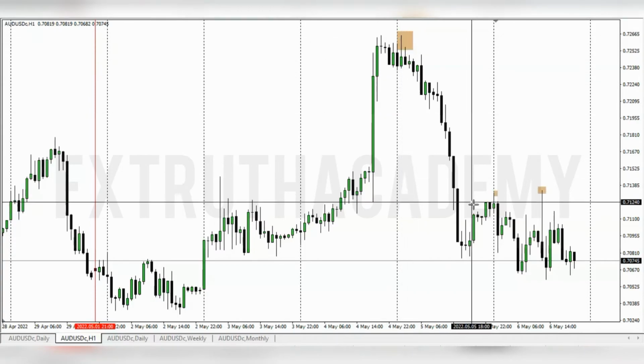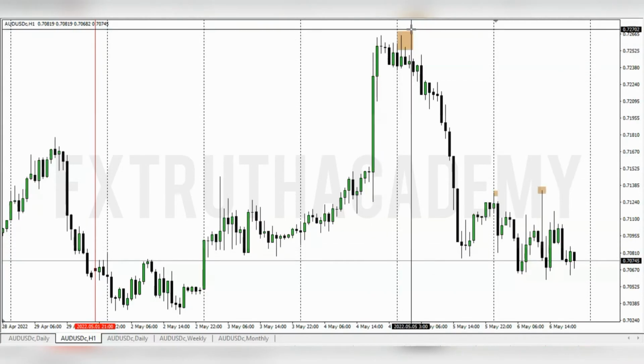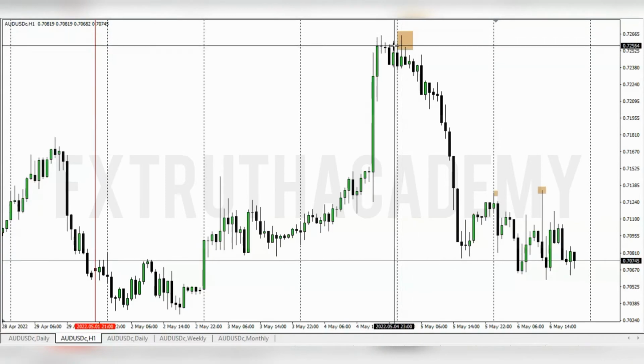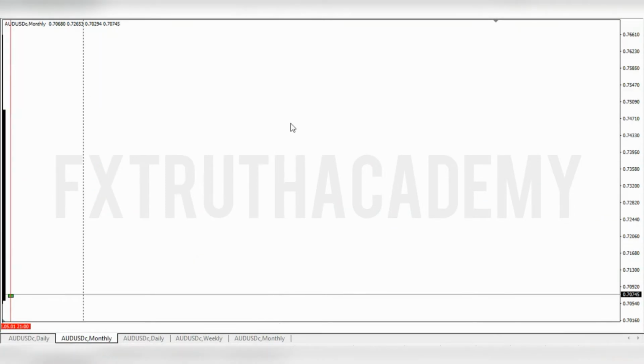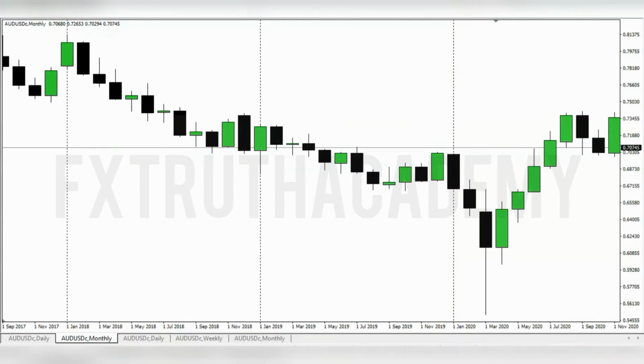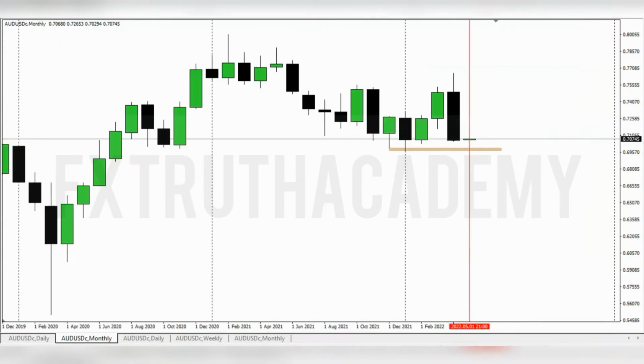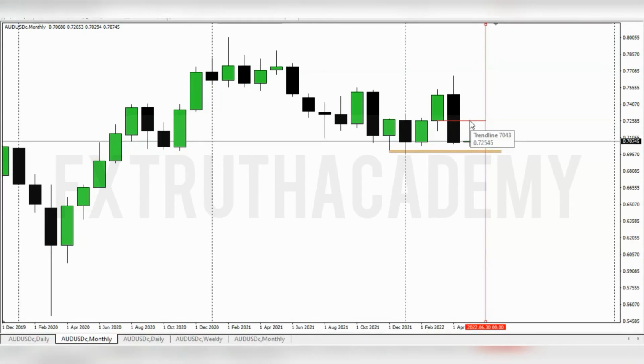And immediately we started selling. So how did I validate here as the high of the week? Because on the monthly time frame, for the institution minded traders, price came into this bearish order block right here. If I remove this line, you can see that price traded into that region.